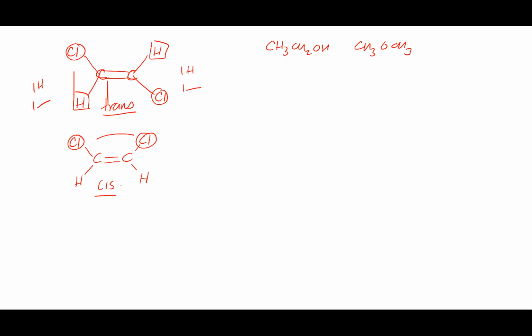So you can only use cis or trans if each of the carbons has one hydrogen and one non-hydrogen group. Because then it doesn't matter whether I'm talking about the two non-hydrogen groups or the two hydrogen groups. If we say trans, either one of those groups, they're opposite each other.